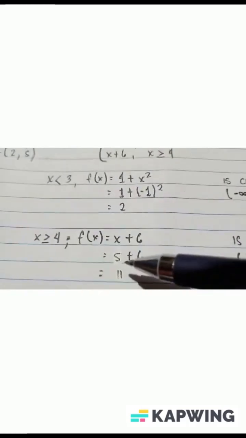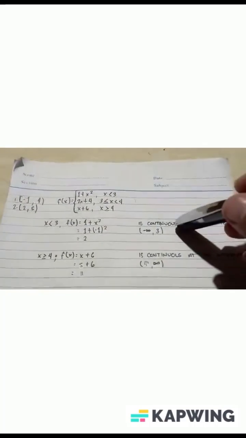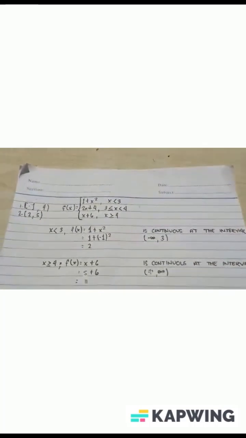So it will be 5 plus 6. Add it, then it will be 11. Therefore, our interval is continuous at 4 to infinity. Now, since all our functions are polynomials, any values will be continuous. Therefore, our intervals in problems 3 and 4 are continuous.